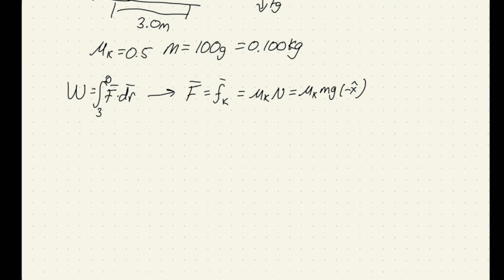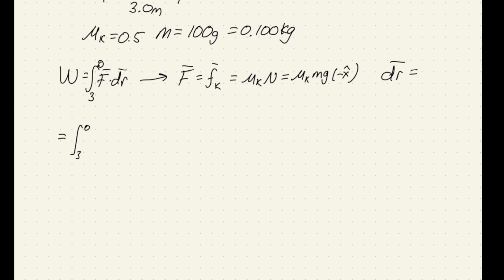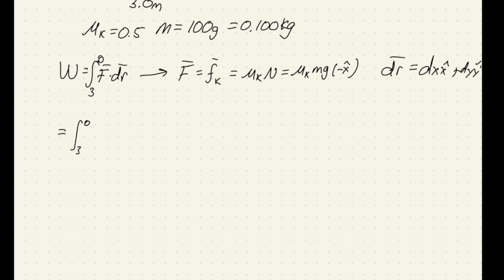So my integral for work is going to be the integral from 3 to 0 of friction force dotted into displacement, dr. But dr vector, we'll call it dx in the x hat plus dy y hat. And I'm going to integrate between my starting position of 3 meters till my ending position of 0 meters.